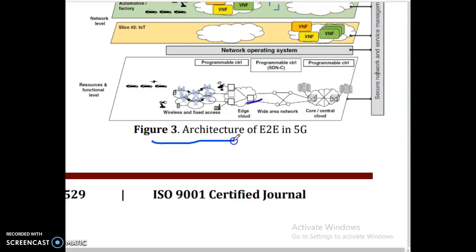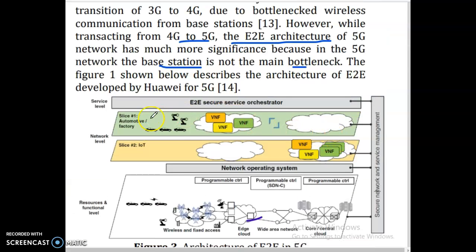Here, this is the architecture of E2E in 5G. At the service level, first, secure network and service management. Service level, first one: E2E secure service orchestrate.